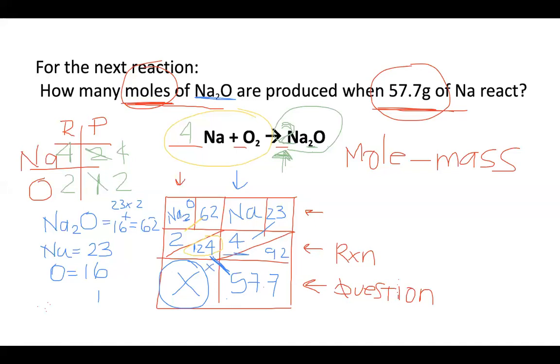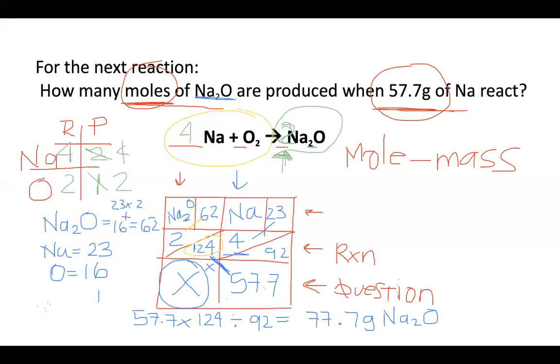So the answer for this will be 57.7 times 124, divided by 92, which will give us as an answer 77.7 grams of sodium oxide. Remember always to write the units.